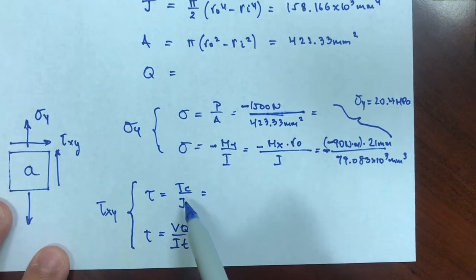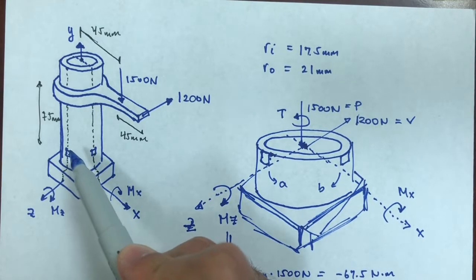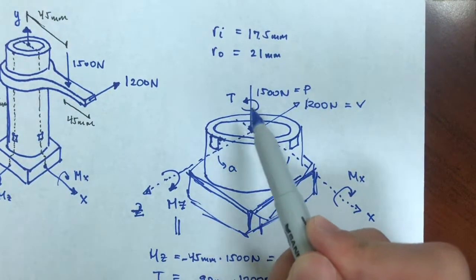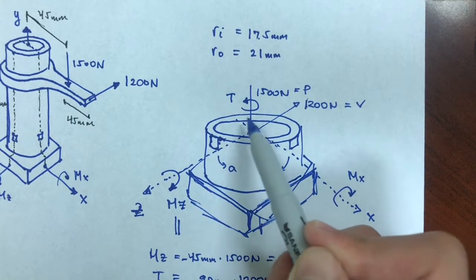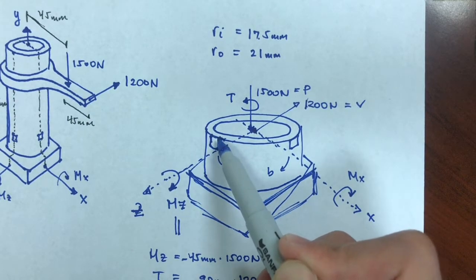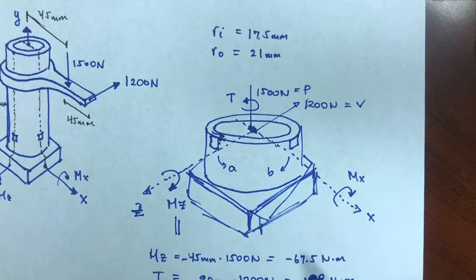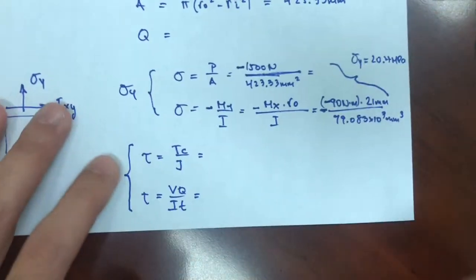So, is there a torsion that is causing a shear stress on A? Yes. The torsion will make the ring right above A or B rotate counterclockwise. So I'm going to have a vector in this direction. Okay, and so I expect that tau from Tc over J to be positive, right? Because it's going towards the top right corner of my stress element.